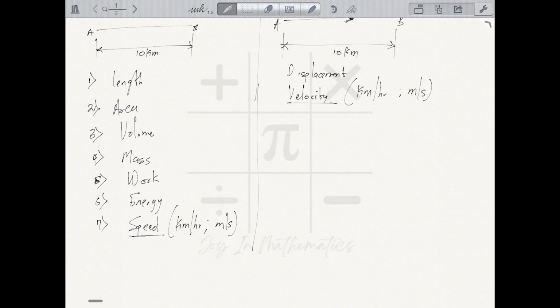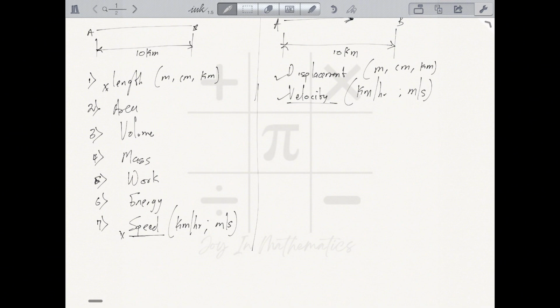Speed doesn't have direction, velocity has direction. Same thing with length. Length can be meters, centimeters, kilometers, and the same thing with displacement: meters, centimeters, kilometer. However, the length here doesn't have direction, but the displacements have direction.